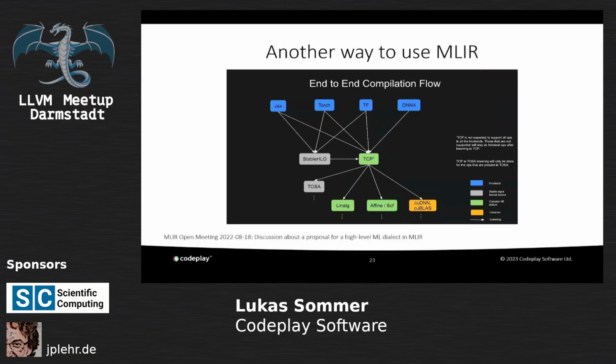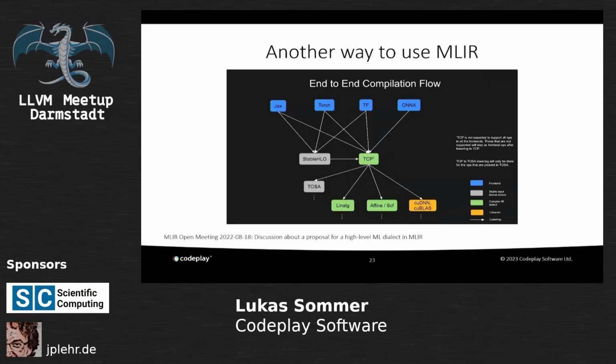And then you go further down. You have the tensor operation set architecture. That's something defined by ARM, I think. You have the linear algebra dialect, which represents typical BLAS operations, for example. You have the affine or SCF. SCF is structured control flow, so it's exactly what I talked about, a dialect to represent control flow like loops. Or you can go directly to some library like cuDNN or cuBLAS.